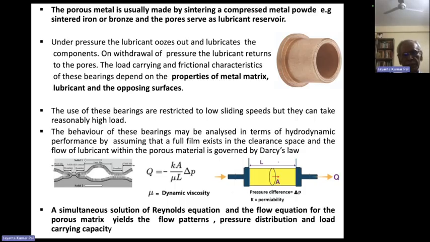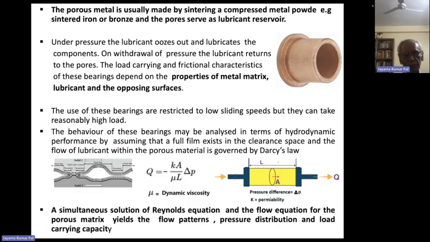The flow of lubricant within the porous material is governed by Darcy's law, given by Q, the flow rate, equal to minus K A divided by mu L, delta P. Here K is the permeability, delta P is the pressure difference, L is the length of the material, A is the cross-sectional area, and mu is the dynamic viscosity.